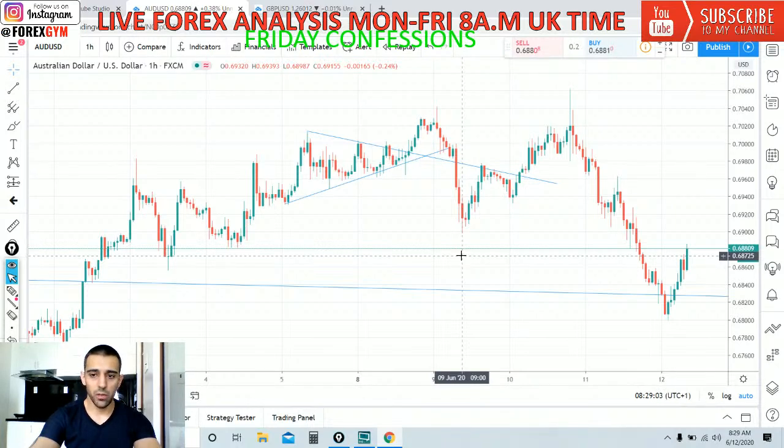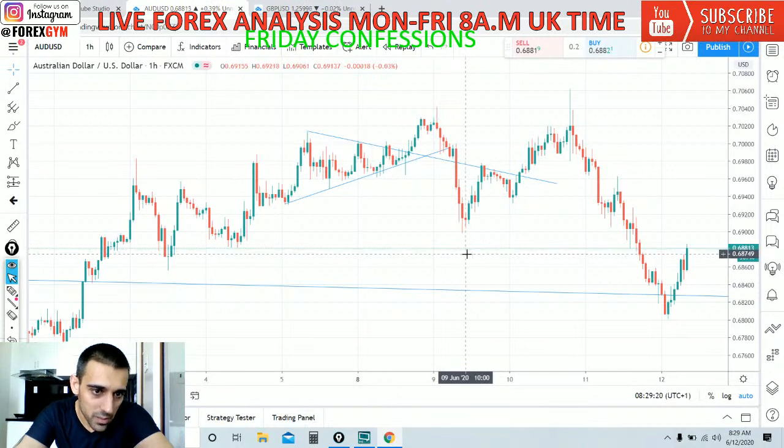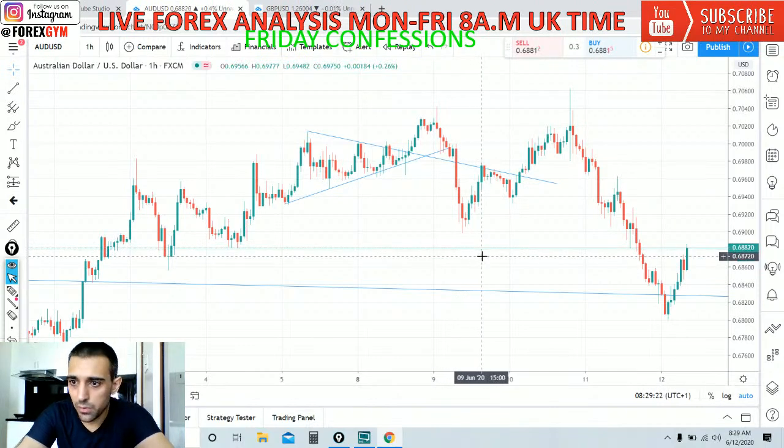That will be our trigger for the entry. 68.72, and the target is about 6900, so we're looking for about a 25 to 28 pip gain. For the stop loss, I need to see it first to know if it's going to work out for the risk reward or not.